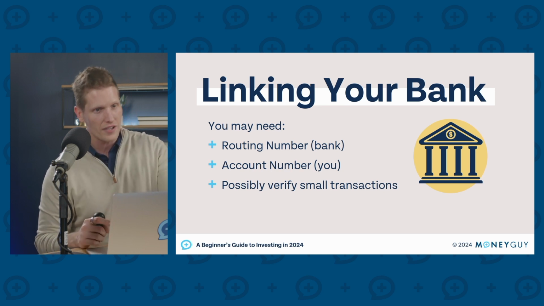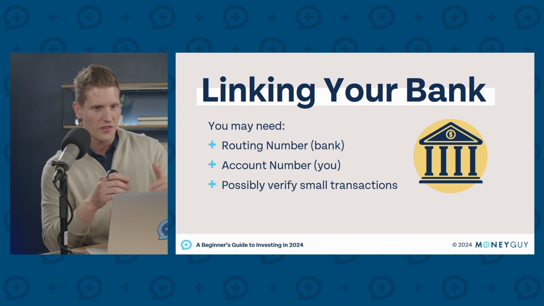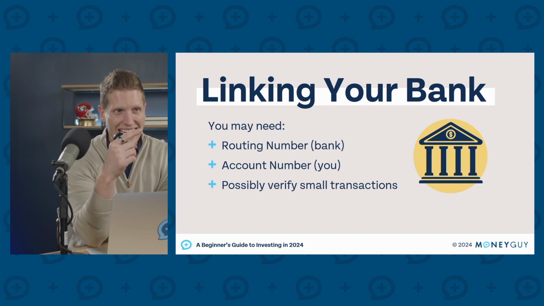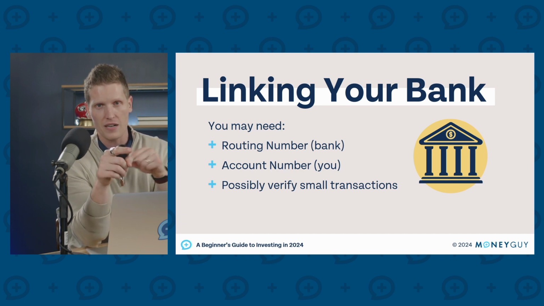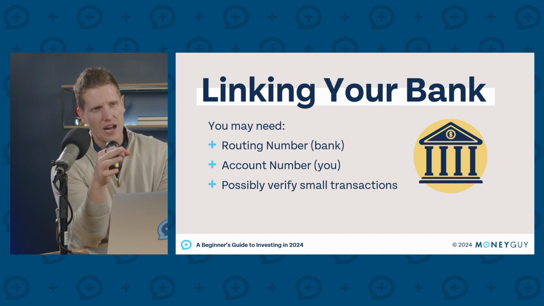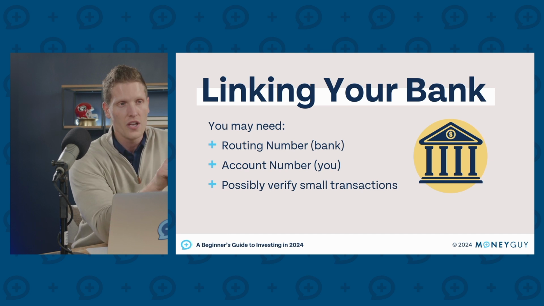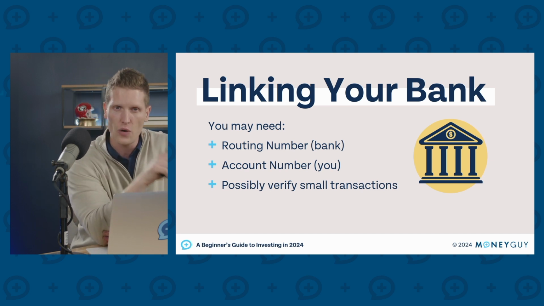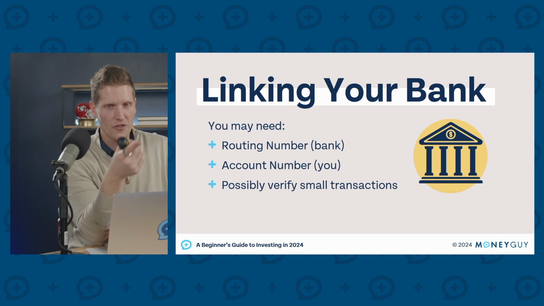So you might need your routing number, your account number, they might do some small transactions to verify, and then you can link your checking account to your Roth IRA, and you can set up an automatic contribution that every month, maybe it's $20, maybe it's $100, maybe it's $200, every single month, you're going to have money flow into your Roth IRA that you won't have to think about. You can set it and forget it.